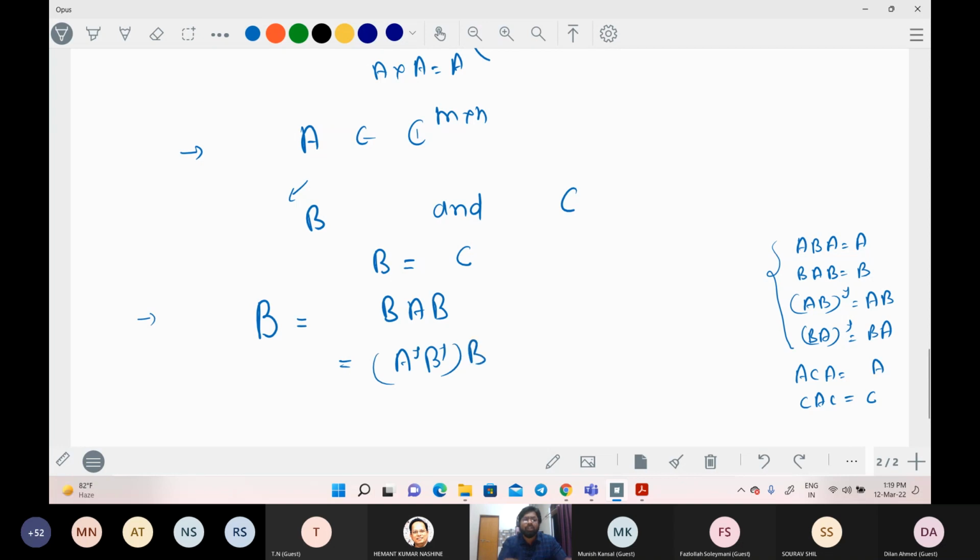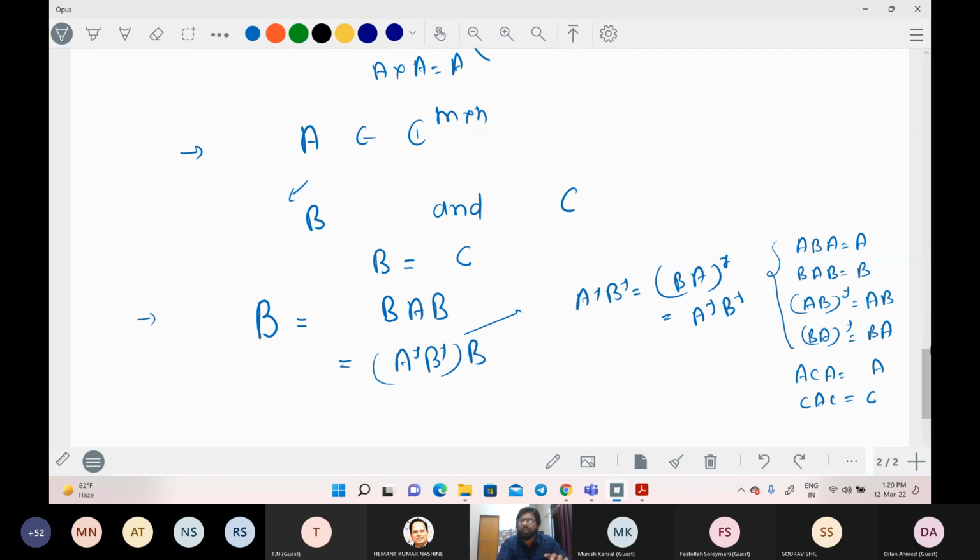Now you may ask how I can write that. We know that (BA) star is equal to BA, right? And (BA) star can be written as A star B star. So understand how in place of BA I am writing A star B star just using these equations.